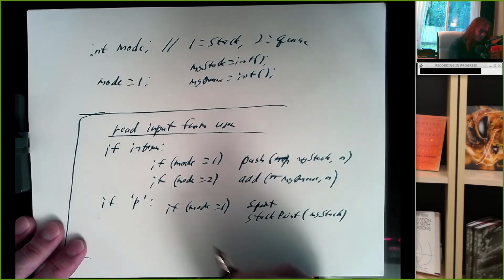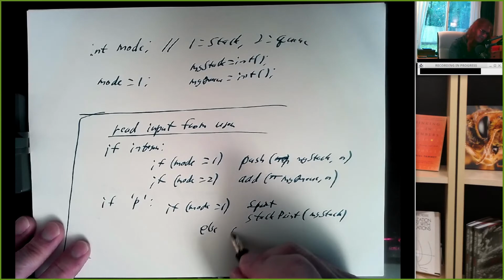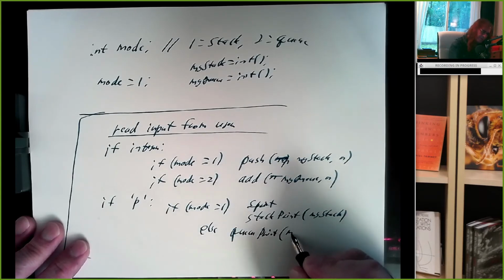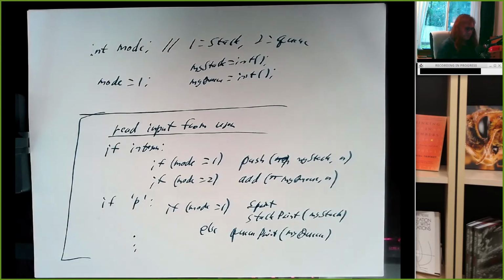If mode equals 2, or maybe I'll just say else, qprint my queue, and so on.